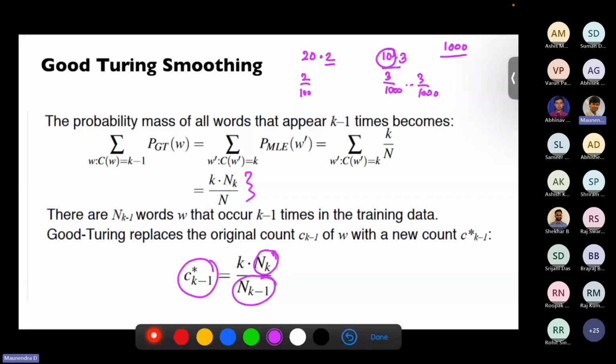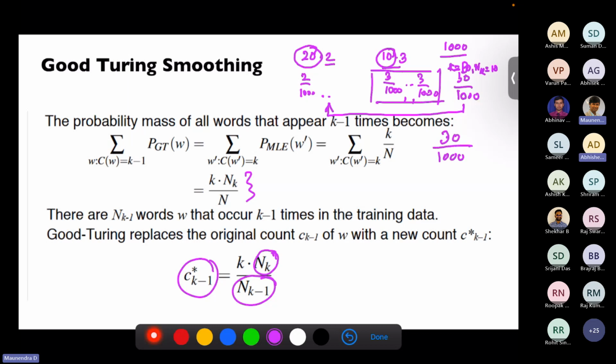Now the total probability mass here will be 3 into 10, because there are 10 such words, by 1000. So that is 30 by 1000. This is nothing but k into nk, with k equal to 3, nk equal to 10. Now this entire mass we are shifting to here. So now we assume that for all the 20 words, the total probability is 30 by 1000.